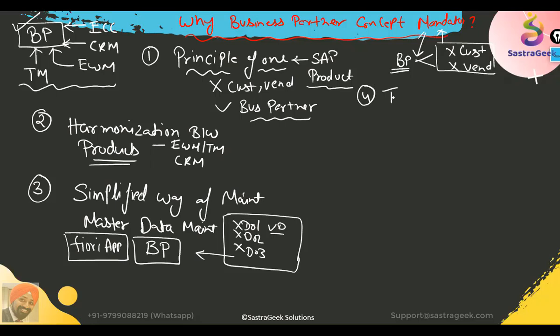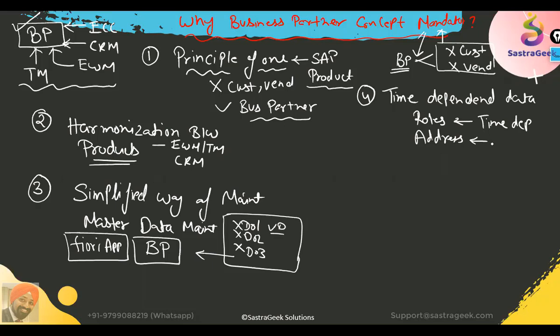Business partner gives you the opportunity to define time dependent data. The roles which you create can be time dependent. For a certain time period, a vendor would be acting as a customer, and after that, that role would expire. You can also define the address as time dependent.